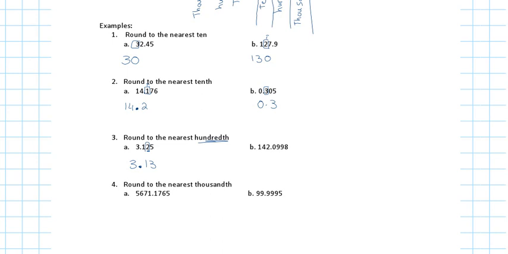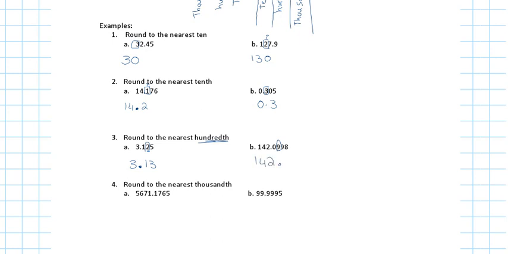Okay, how about the next one? Where's my 100th place? It's the first 9, right? So you see this 9? Now, what do I have after it? A 9. So what do I have to do with this 9 that I circled? Make it a 10. So it's going to bump that 0 to become a 1, and then that's going to be a 0.